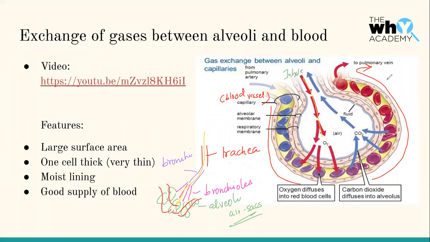Why are they red in color? Because oxygen has bound to the hemoglobin pigment, giving the cells their red color. And the exchange of gases at the alveoli happens by a basic process called diffusion.